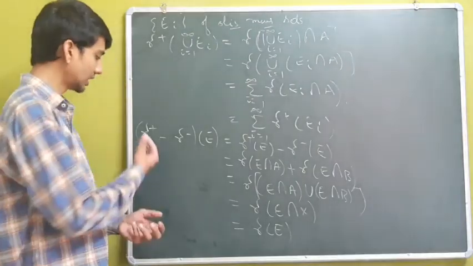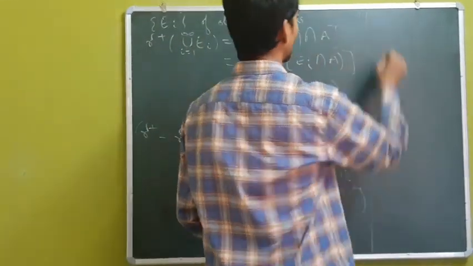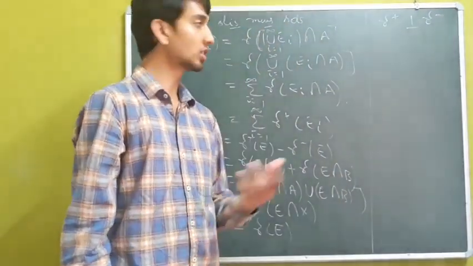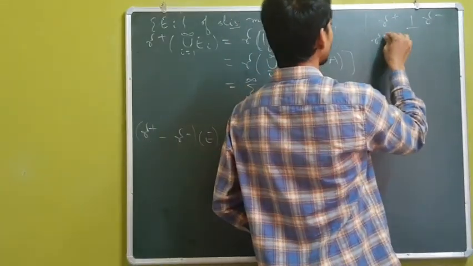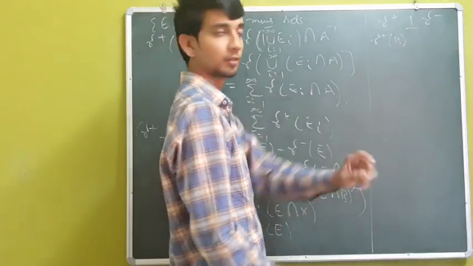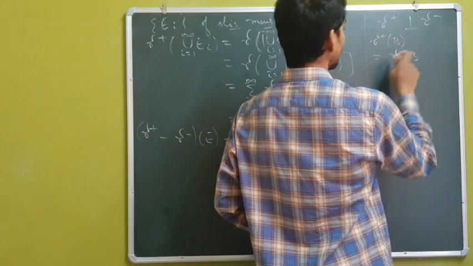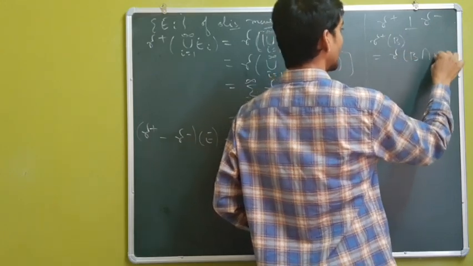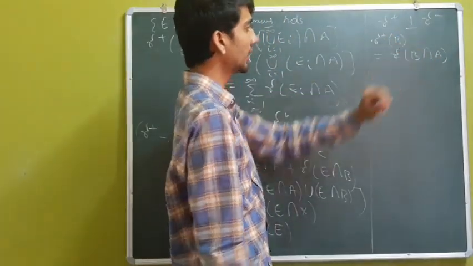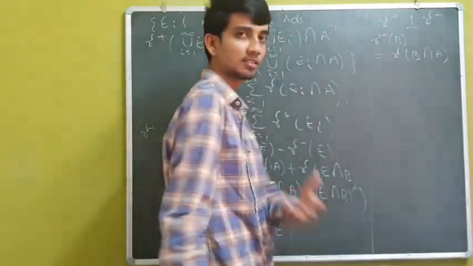The final part is to prove that the positive part and negative part are mutually singular. So to prove that the positive part is mutually singular with the negative part, I will consider the positive part of the negative set B. By definition this is the signed measure of that set intersecting with a positive set, and A is our positive set.